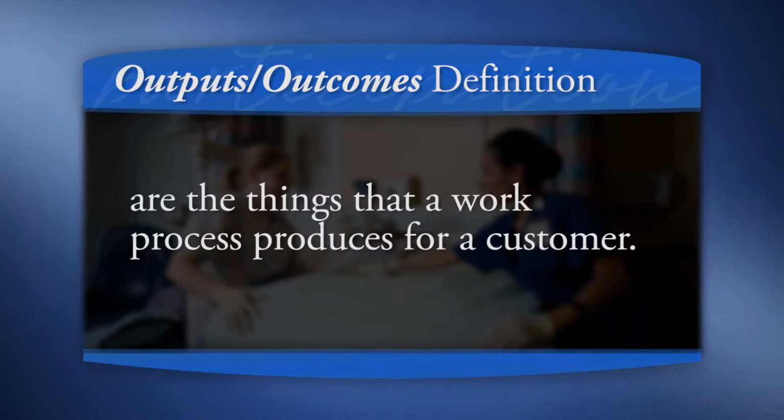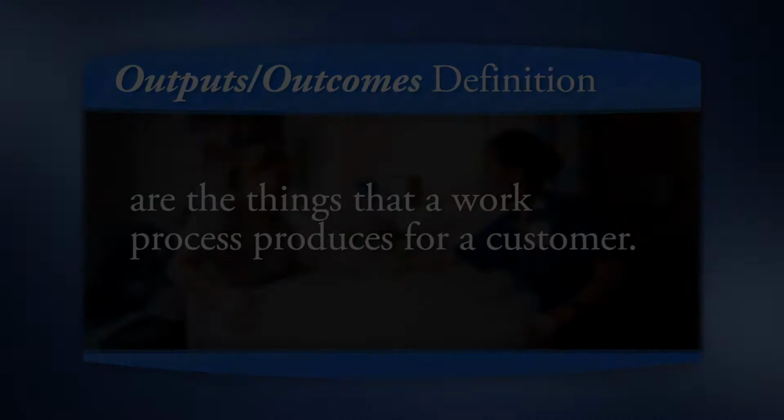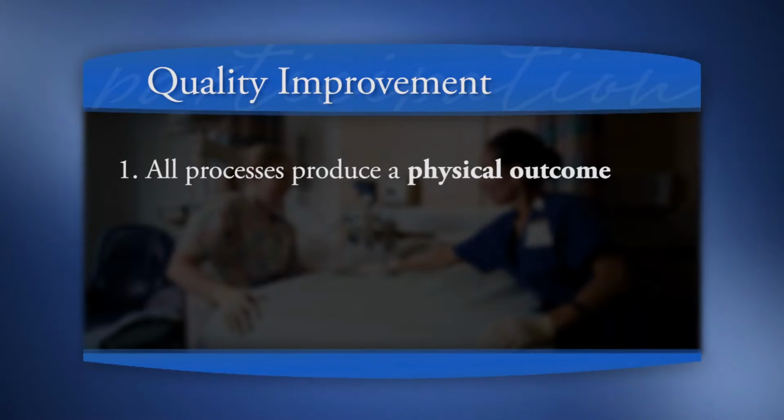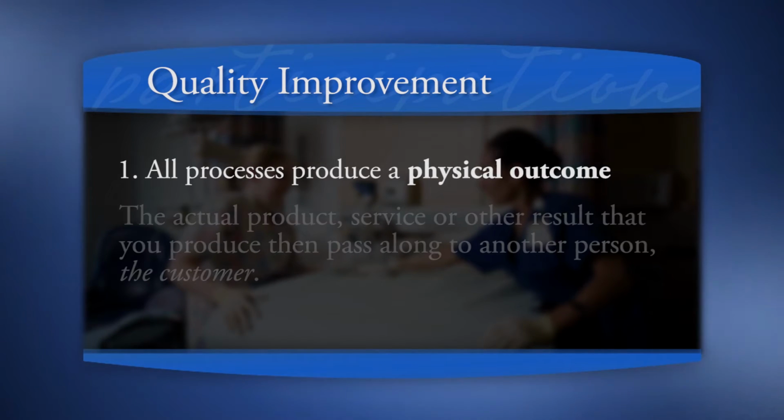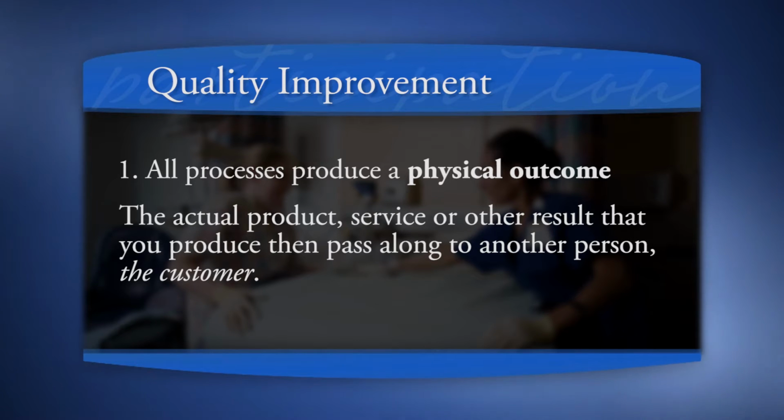Outputs are the things that a work process produces for a customer. Yes, I know, it's a circular definition, but it works. Outputs fall into 3 general classes. First, all processes produce a physical outcome. That's the actual product, service, or other result that you produce, then pass along to another person, the customer.